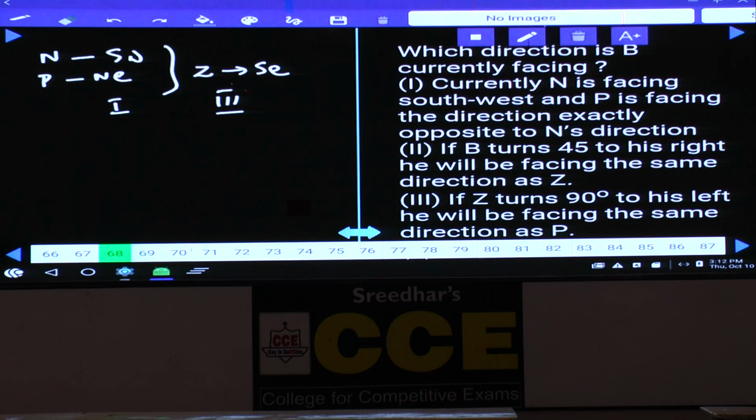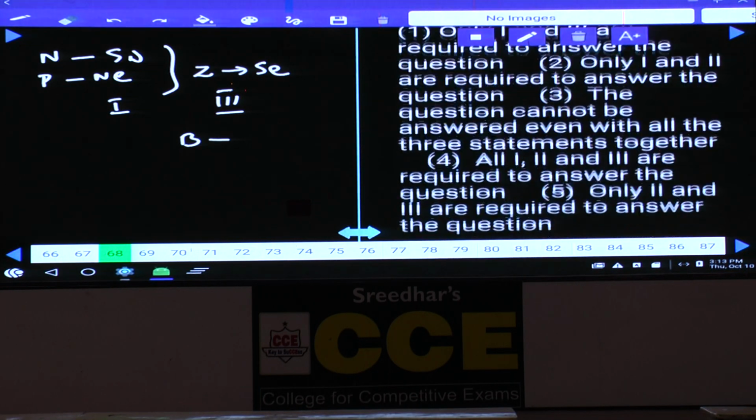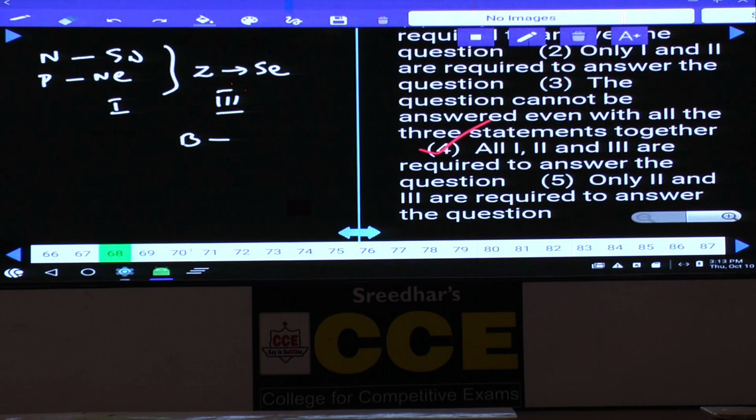Now if B turns 45 degrees to his right, he will be facing the same direction as Z. That means B is facing towards which direction? East. B is facing towards east. Hence, are we getting any answer or not? By combining all the three only, we are getting the answer, that is given in choice 4. All 1, 2 and 3 are required to get the answer. Choice 4.